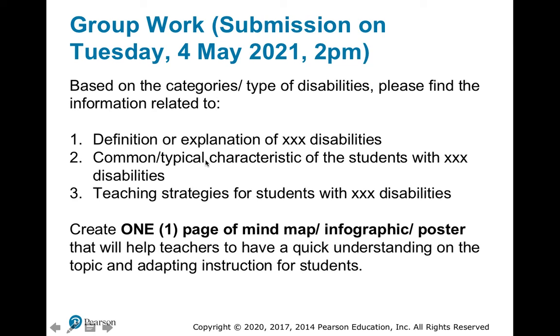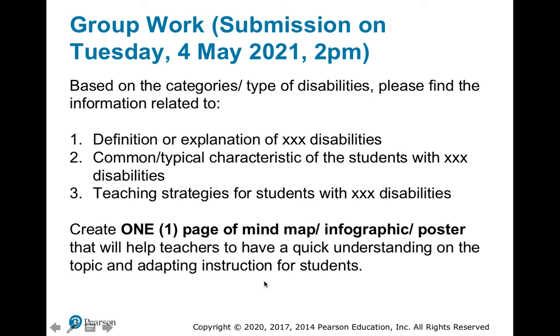Second, what is common or typical characteristic of the student with X disabilities? And lastly, what are the teaching strategies for student with X disability? So create one page of mind map, infographic or poster that will help teachers to have a quick understanding on the issue and adapting instruction for student.